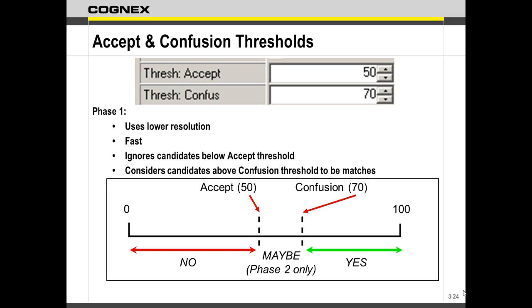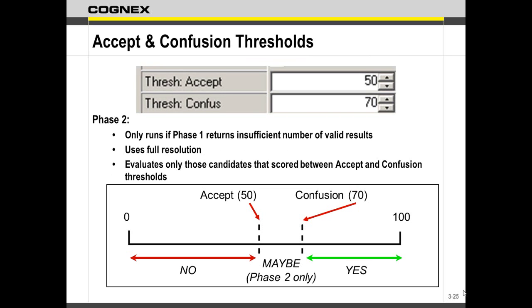Now it says, okay, how many are you looking for? If I said I'm looking for 1, and that 1 is above the confusion threshold, I'm done. But let's say I'm looking for 2. So 1 comes in above the confusion threshold, but then 1 comes in between the confusion and the accept threshold. As soon as I don't have how many I'm looking for, or they fall between the confusion and the accept threshold, I'm going to force it to run again.